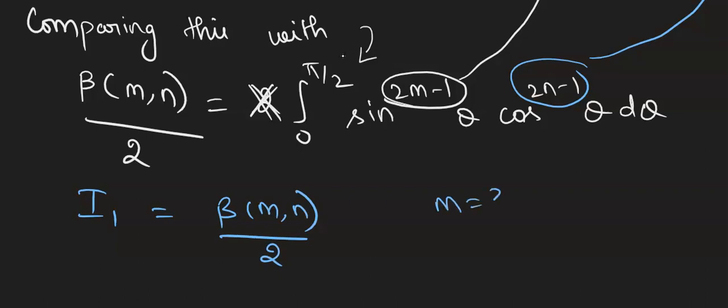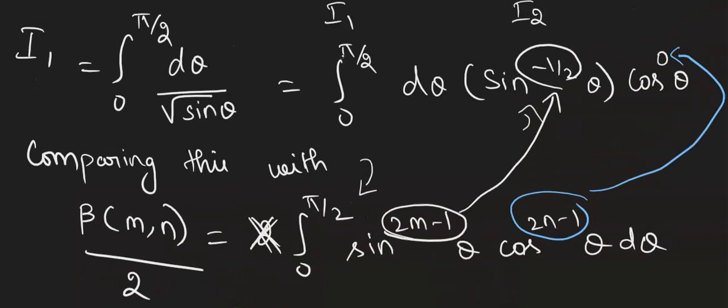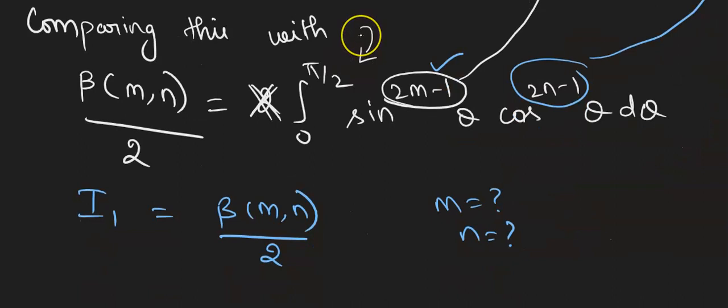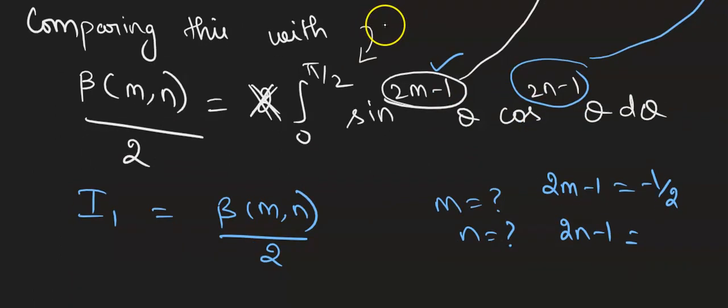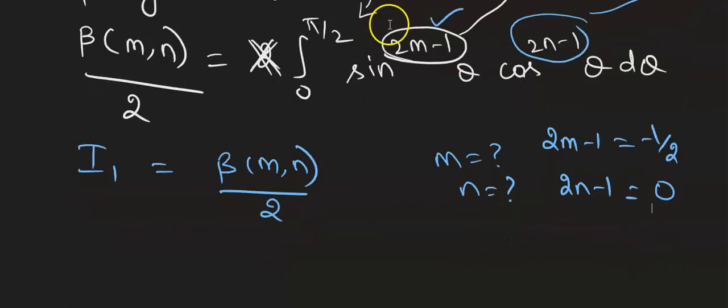What is this m and what is this n? To find this, we use this comparison. In the place of 2m minus 1, I have minus 1 by 2, and in the place of 2n minus 1, I have 0. From this I can find m.